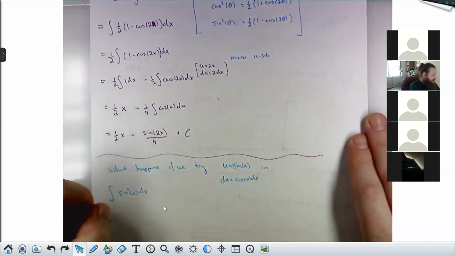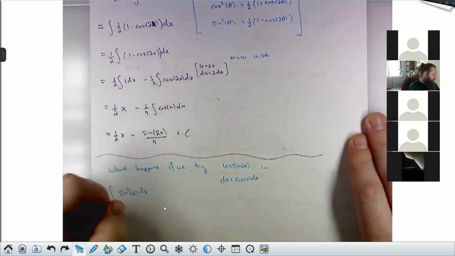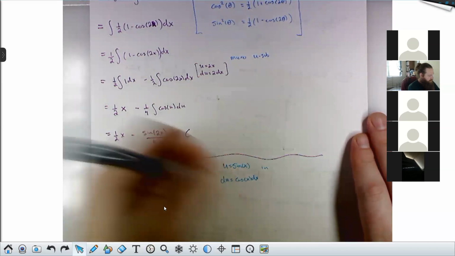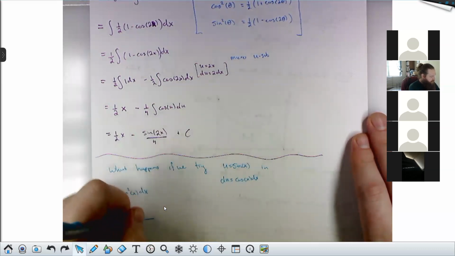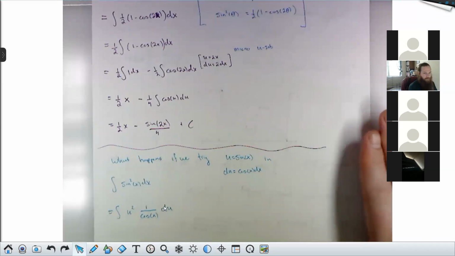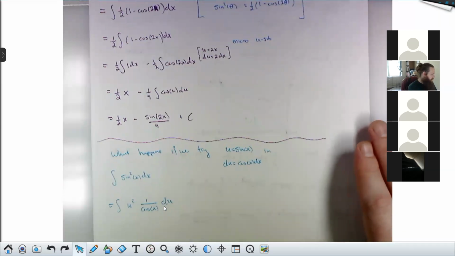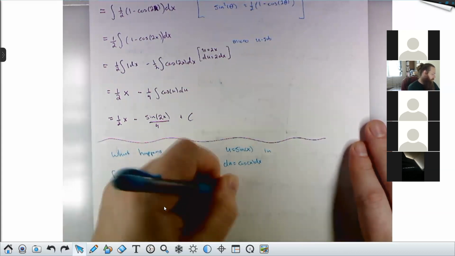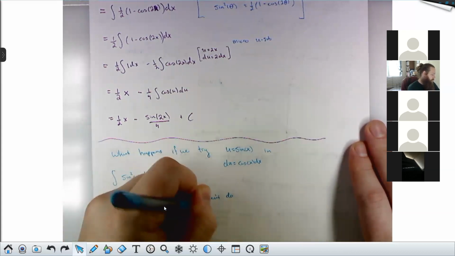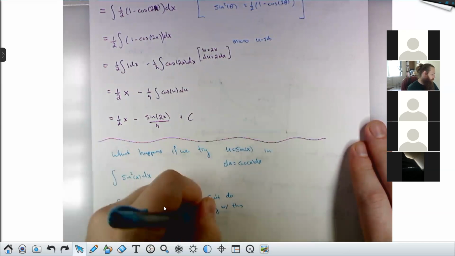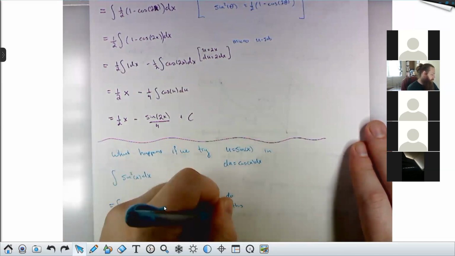If we try to push this through, sine squared becomes u squared. dx is 1 over cos x du. And I can't do anything with this, because there's this mix of old and new variables.